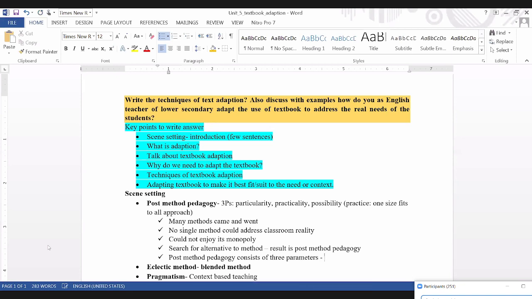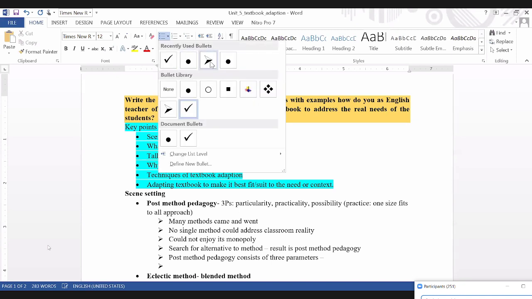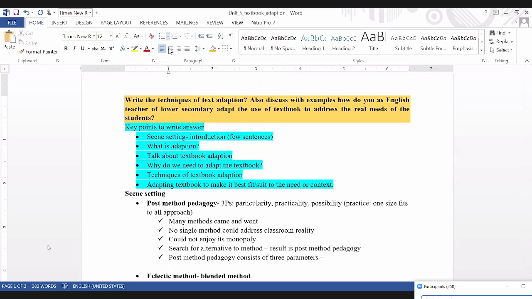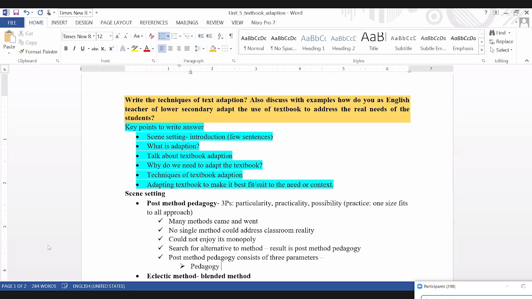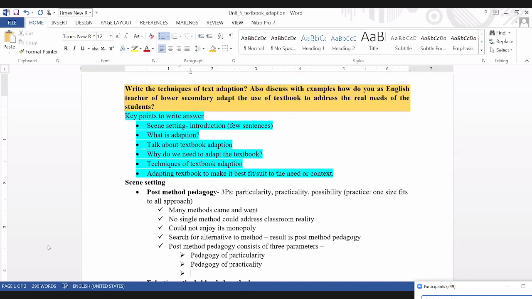The three parameters are: pedagogy of particularity. अब यस्तो हुनुपर्छ पढाइ भनेको. Pedagogy of practicality. अबको पढाइ भनेको व्यवहारिक हुनुपर्छ.